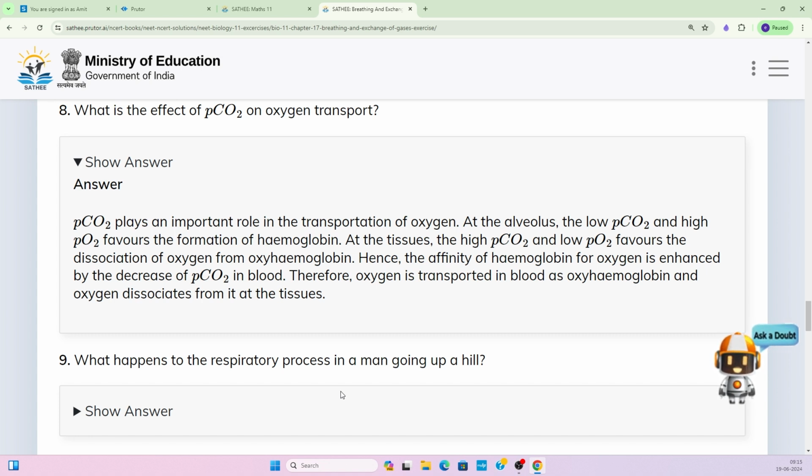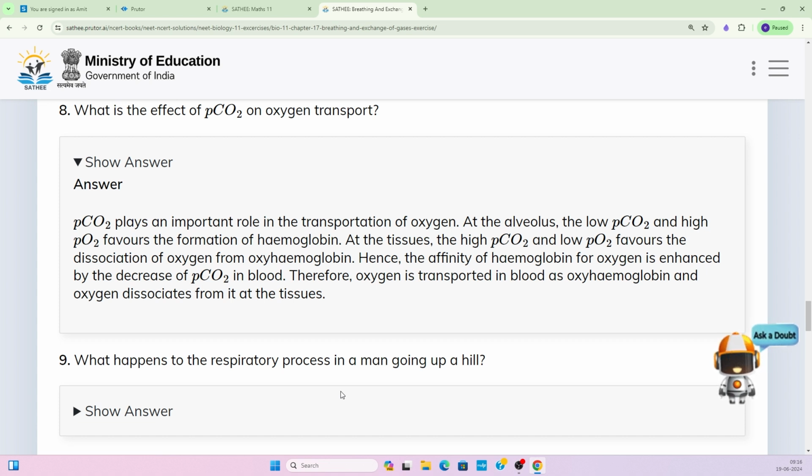When there is a high pressure of carbon dioxide at the tissue level, more and more carbon dioxide is produced by the process of cellular respiration, right? So at the tissue, high partial pressure of carbon dioxide and low partial pressure of oxygen favors the dissociation of oxygen from the oxyhemoglobin.